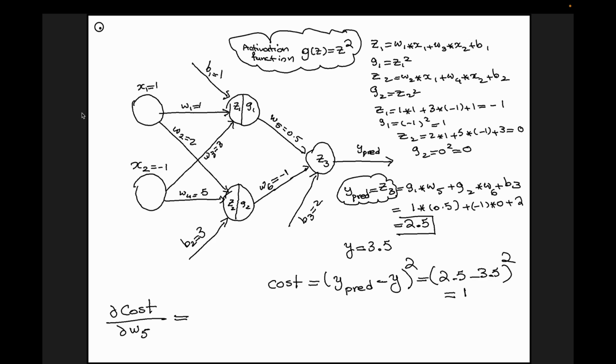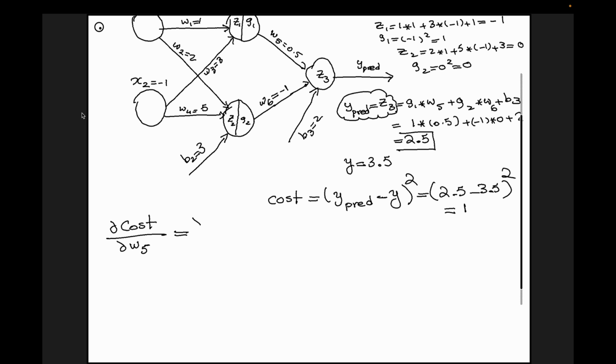But we know a very powerful law in mathematics and algebra, and that is when you can run a chain rule. So that will be partial derivative of cost versus partial derivative of your prediction, times partial derivative of your prediction divided by partial derivative of W5.